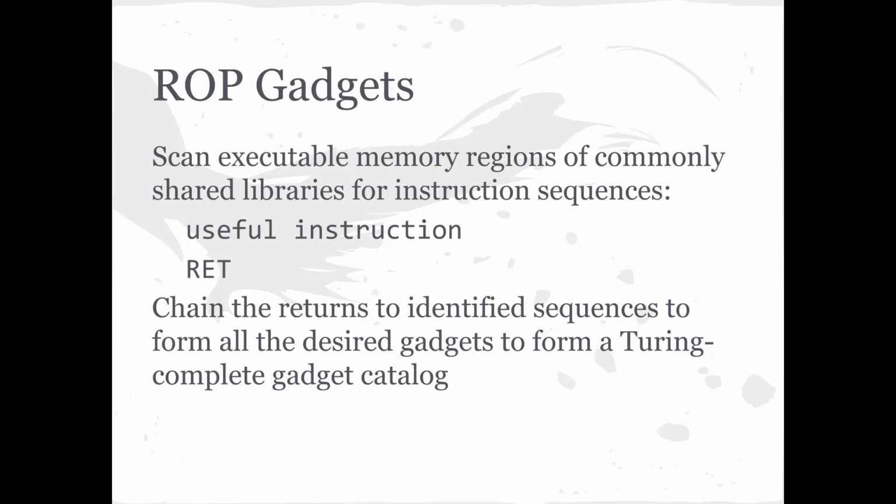So it is common to actually build a catalog of ROP gadgets for a target application to just scan executable memory for all sequences of a useful instruction followed by a return instruction.